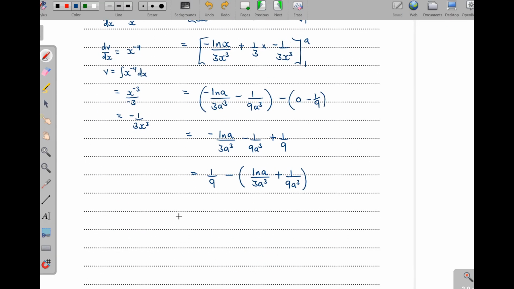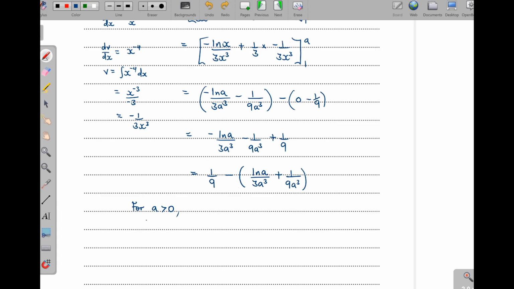Now, I can conclude and say that for a greater than 0, okay, what I'm going to substitute here, you can see that we are having 1 over 9, then minus something. So whatever you are going to subtract from here, it's a positive thing, okay? And it is going to be smaller than this one here.